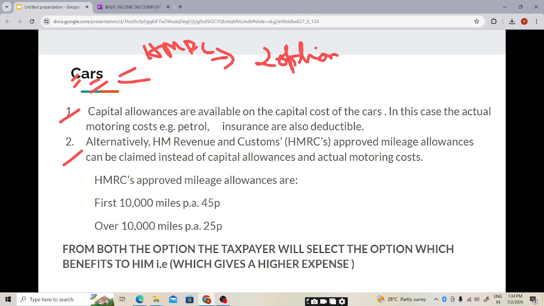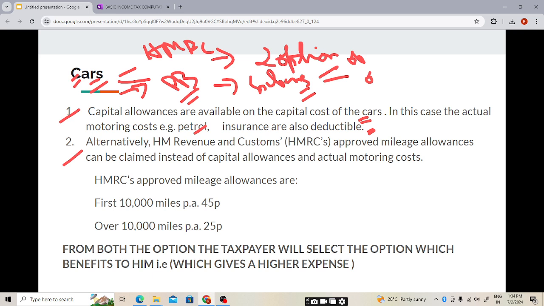Option number 1 is that capital allowances are available on the capital cost of the car. In this case, the actual motoring costs, petrol and insurance, are also deductible. So HMRC says that for the car which you are purchasing for your property business, the expenses can be allowed in two forms.